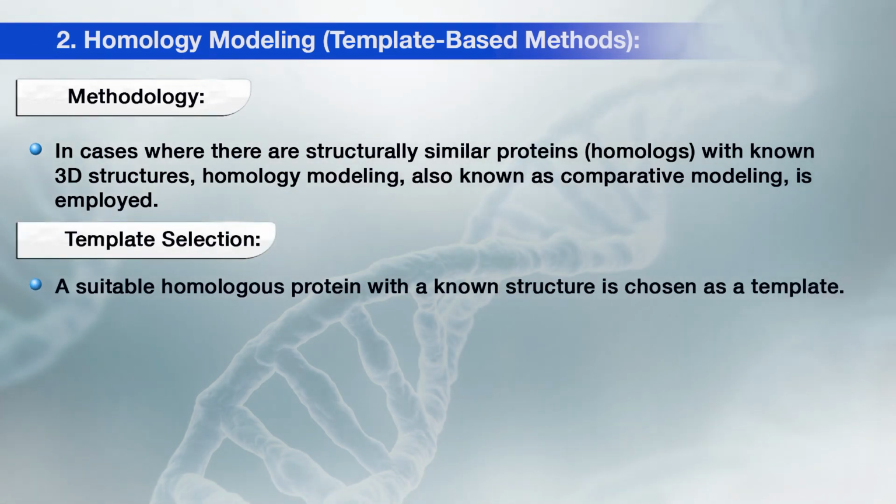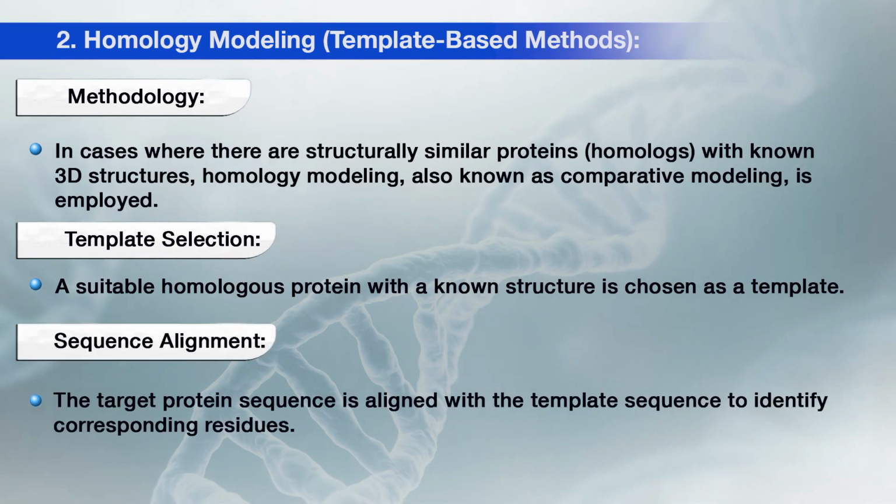Second in homology modeling is template selection. A suitable homologous protein with a known structure is chosen as a template. Third is sequence alignment. The target protein sequence is aligned with the template sequence to identify corresponding residues.